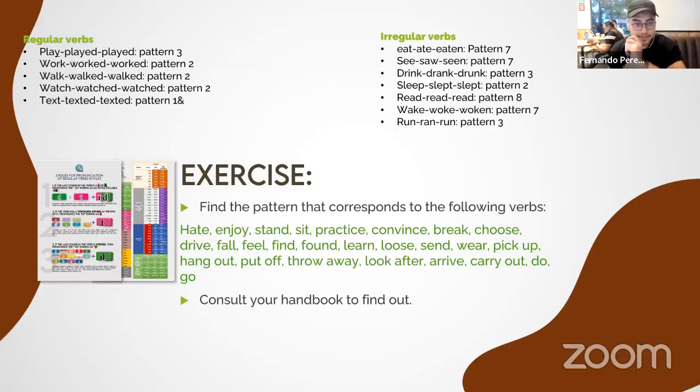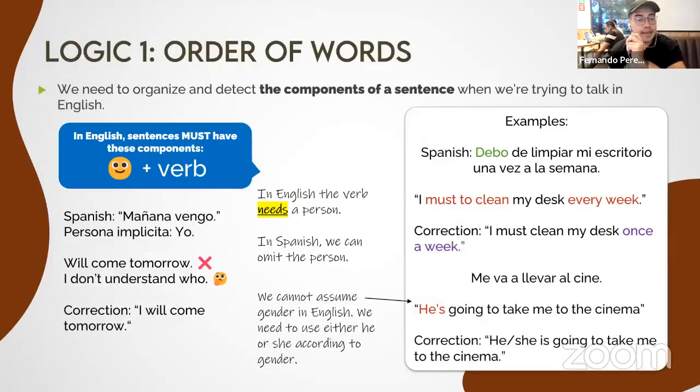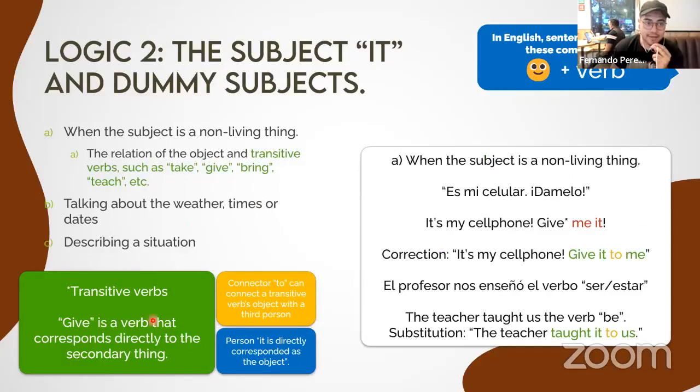Part three, the difference between English and Spanish, including all the logic of words, right? We have words, orders, transitive verbs. We have here transitive verbs, the object it, the subject it.